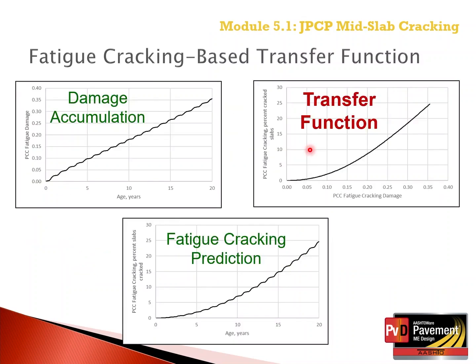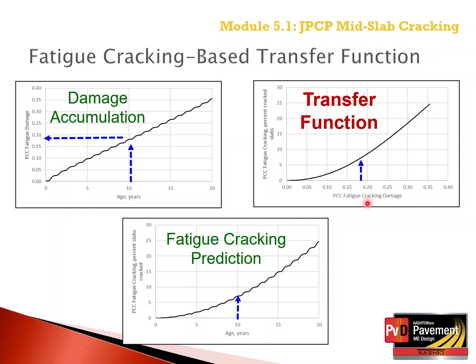This slide is a graphical representation or process of the procedure used to calculate the amount of JPCP fatigue cracks. In summary, the fatigue damage is calculated over the design life for a specific JPCP cross-section, input variables and site factors, kind of as shown in this slide, at a specific age or time.